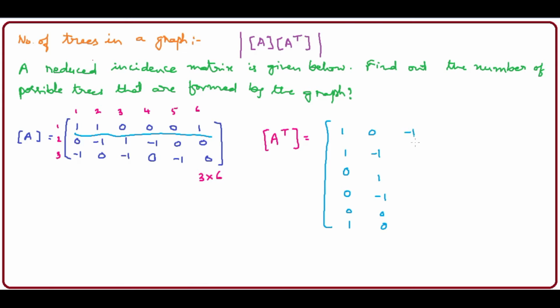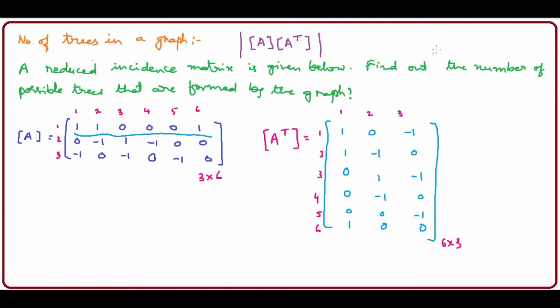Next minus 1, 0, minus 1, 0, minus 1, 0. That's all. So this is A transpose. Now it has 3 columns and 6 rows, so I can call this a 6 by 3 matrix.